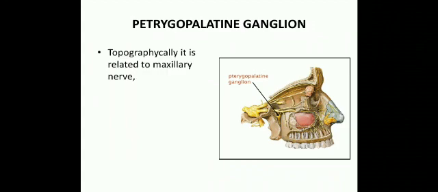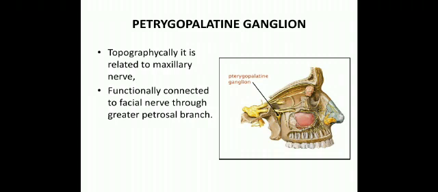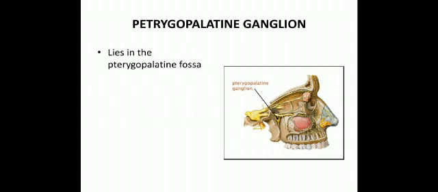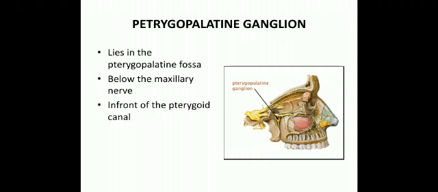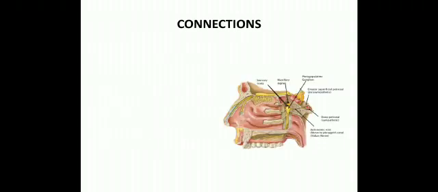It is topographically related to the maxillary nerve and functionally connected to the facial nerve through the greater petrosal branch. It is situated in the pterygopalatine fossa, below the maxillary nerve, in front of the pterygoid canal and lateral to the sphenopalatine canal.